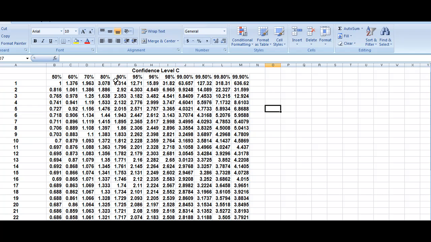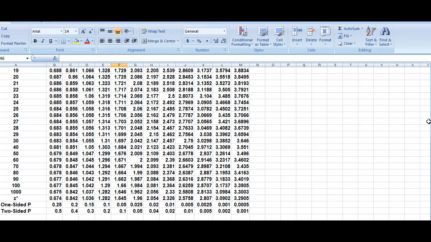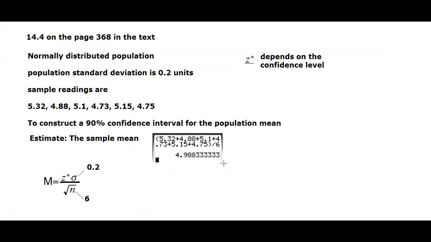So what do we do? We look at the 90% confidence here, right? Okay, 90%, and then when you go down to the bottom in this row, what do you see? What's the value for Z star here? 1.645, right? Okay, so that's 1.645. That is one way of doing that, from the table.